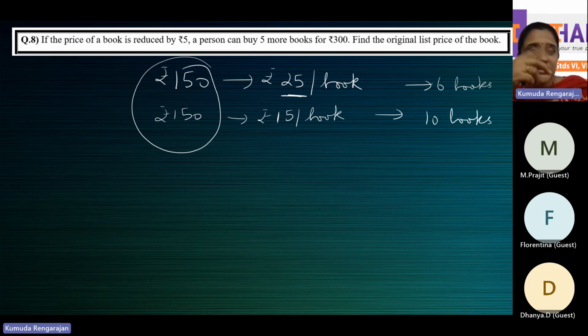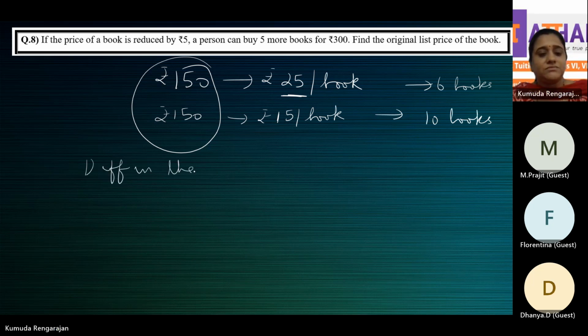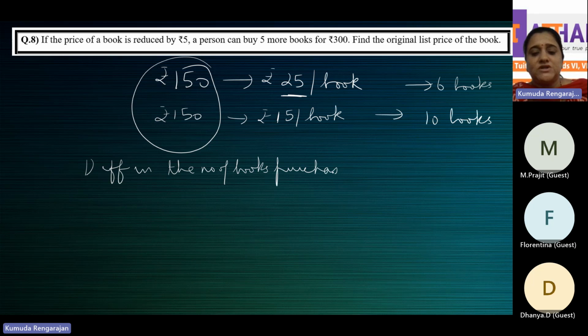What's the difference? 10 books, 6 books, 4 books is the difference. So how do we construct the equation? The difference in the number of books purchased is equal to 4 books.